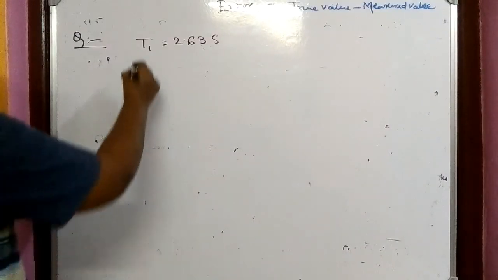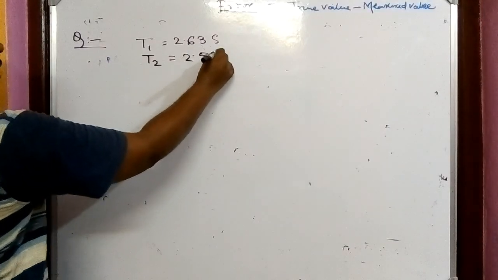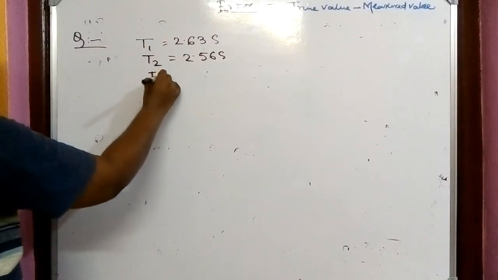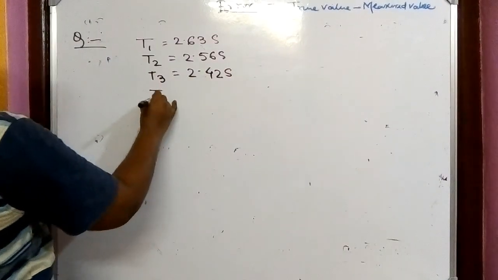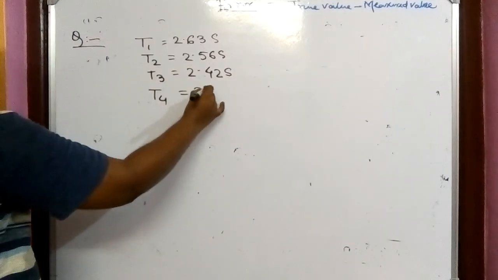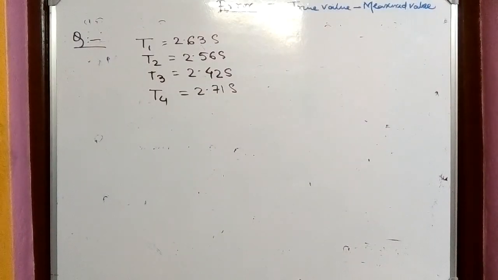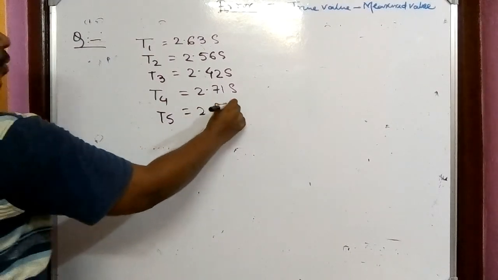Okay, second value T2 is 2.56 second. Third value T3 is 2.42 second. T4 is coming 2.71 second, and the last one T5 is 2.80 second.